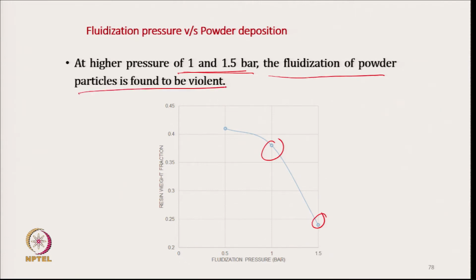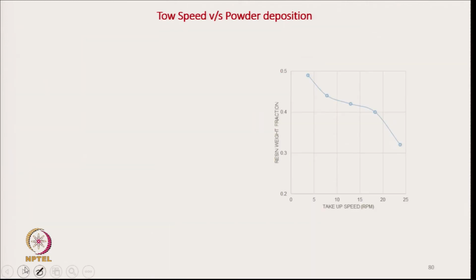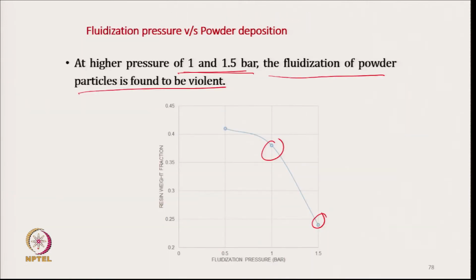That violent nature is actually not required, and due to this violent nature the powder behaves erratically, the clogging may take place, which results in reduction in the resin weight fraction. So, for proper deposition we need proper cloud formation. It is not that the particles should move violently, there should be smooth light movement.